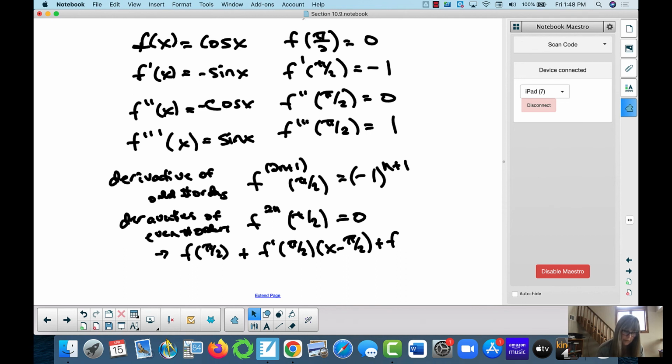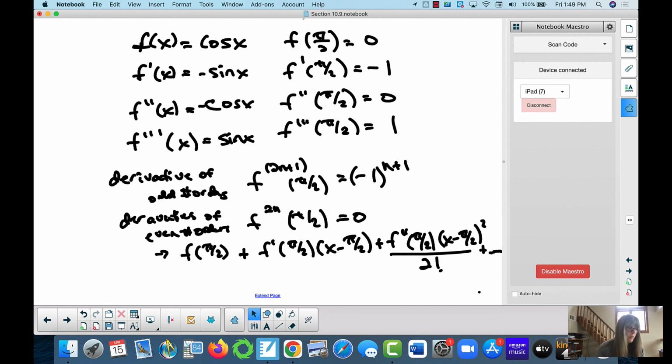But then when we get to the second derivative, it's x minus pi over 2 quantity squared over 2 factorial, and so on. Well, our even numbered ones, we said, are going to drop out. That first one multiplied by 0, so that one drops out. And anytime we have multiplied by 0, that term's going to drop out. And so that leaves us with these guys.